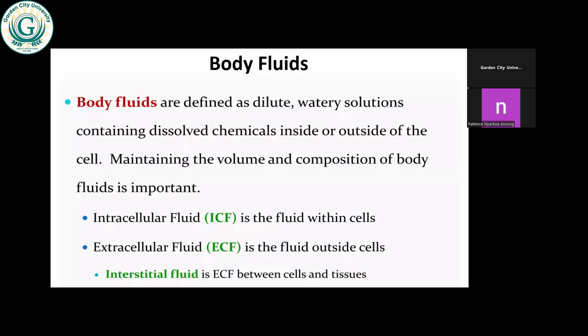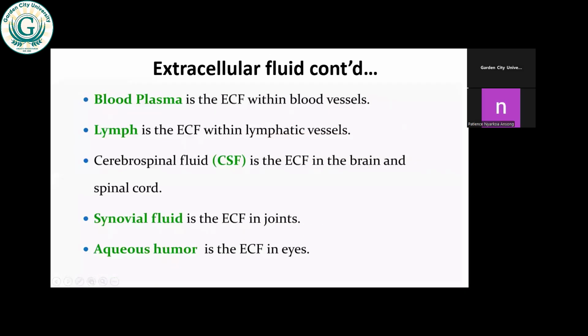Then we have the extracellular fluid, which is the fluid found outside the cell. Under the extracellular fluid, you can have some subtypes. The fluid that surrounds the cells is the interstitial fluid. Then we have plasma, which is the fluid part of the blood, the main means of transport within the body.